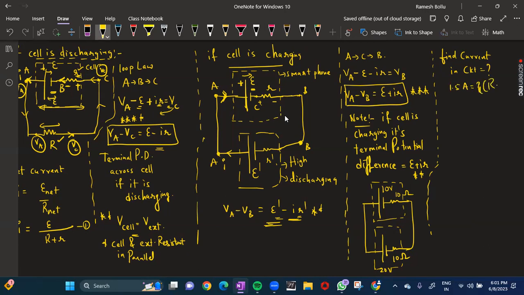Tell me. Find current in circuit. 1 ampere. You can do it, very simple problem.